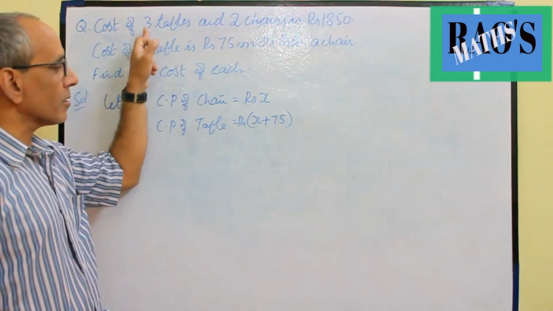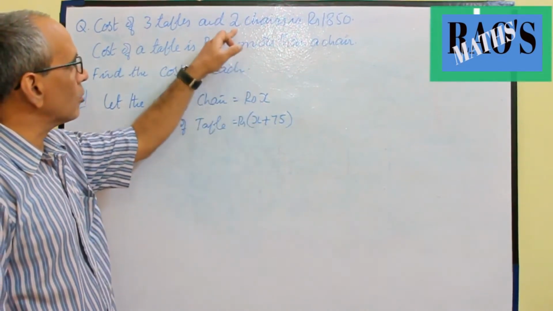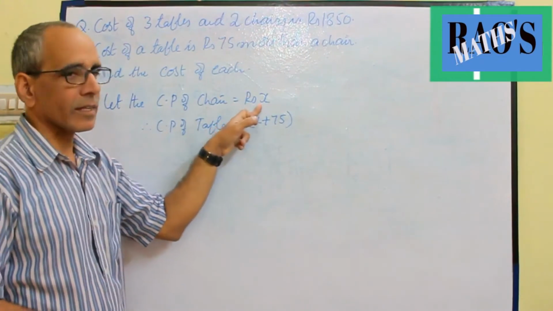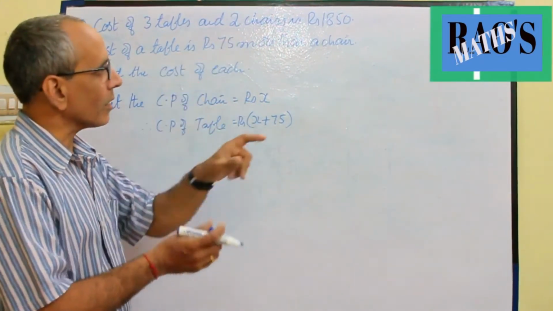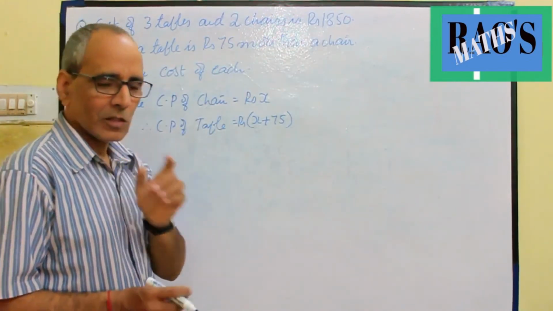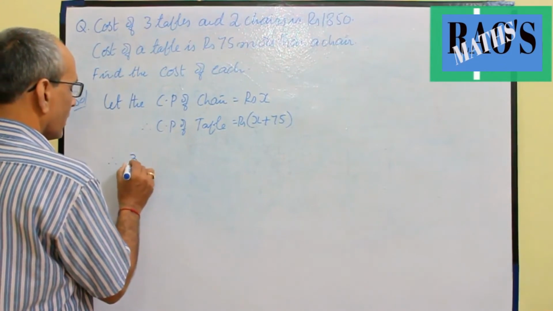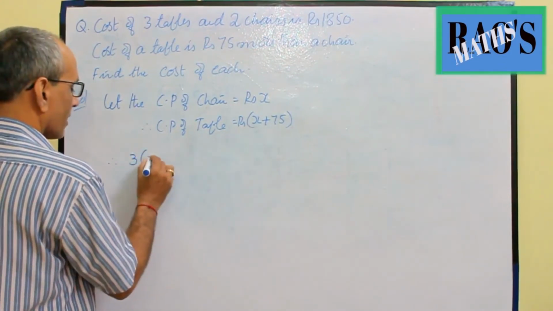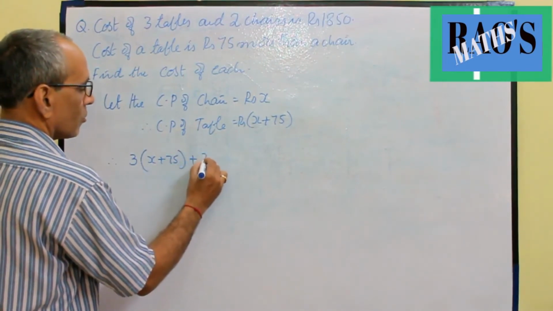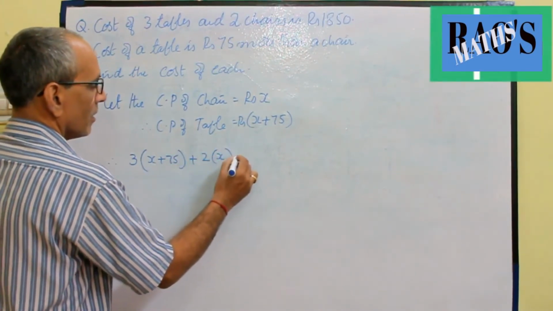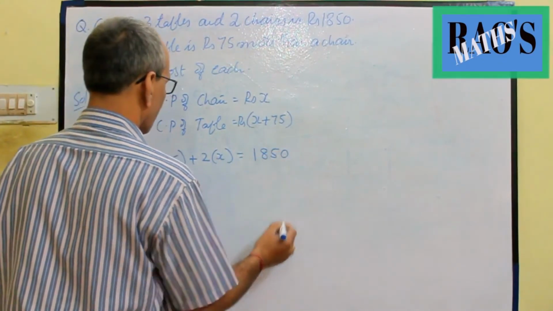Cost of 3 tables, 3 times this cost. And how many chairs did he get? 2. Cost of each x. Cost of 2 chairs is 2x. Together the amount. See, framing the question is also very simple. Therefore, cost of 3 tables at the rate of x plus 75 plus the cost of 2 chairs at the rate of x, together he paid 1850.